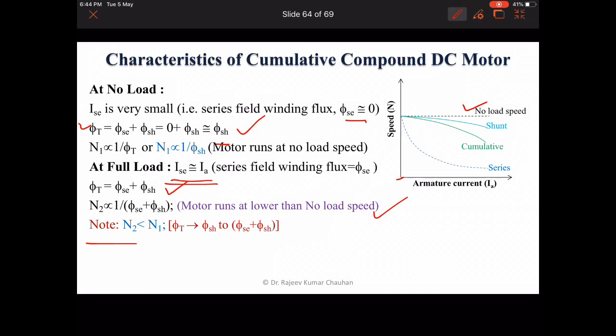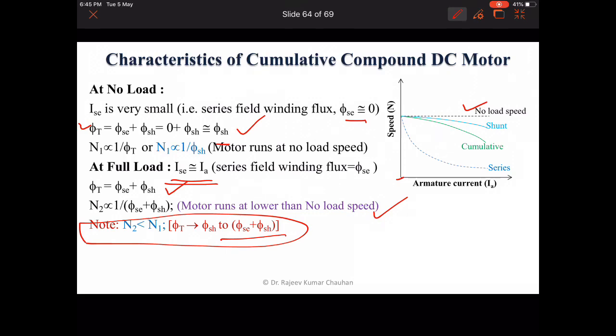Note this point: N2 is less than N1, where N1 is the speed at flux phi sh, while N2 is the speed of the motor at flux phi t equal to phi se plus phi sh. The value of phi t varies between phi sh and phi se plus phi sh.